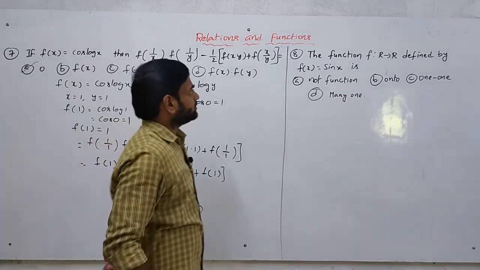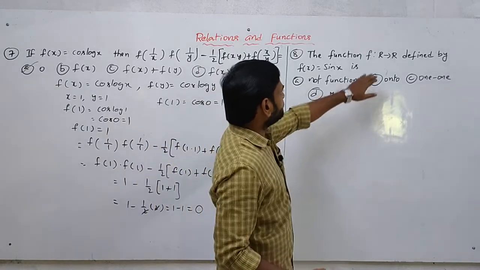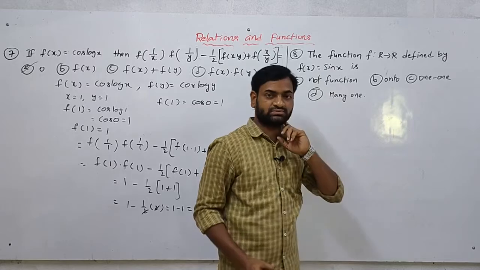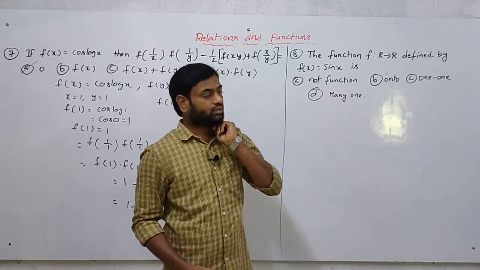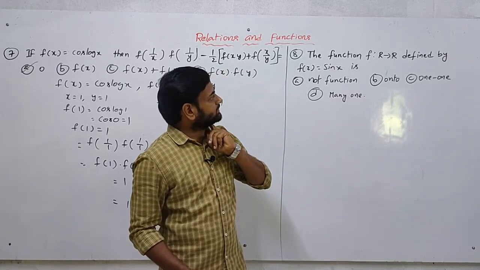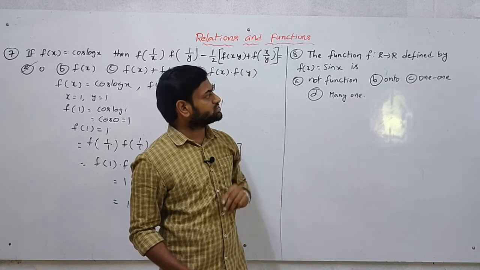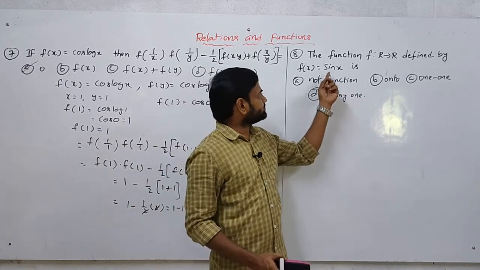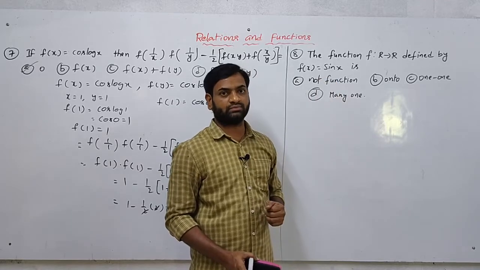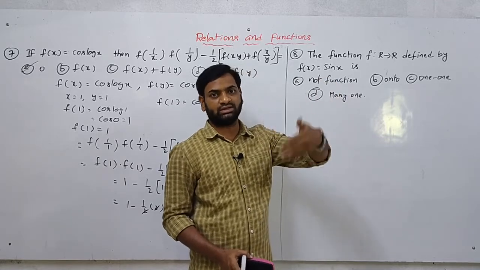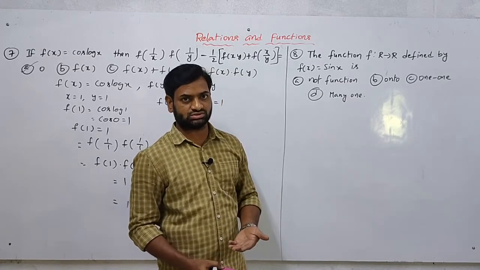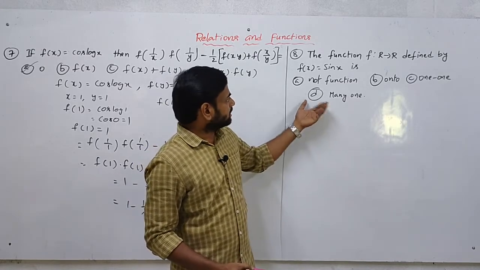Next, the function f from R to R defined by f(x) = sin x. There are two ways to solve this one. Sin x is a periodic function of period 2 pi, that means after 2 pi it will repeat the same values.